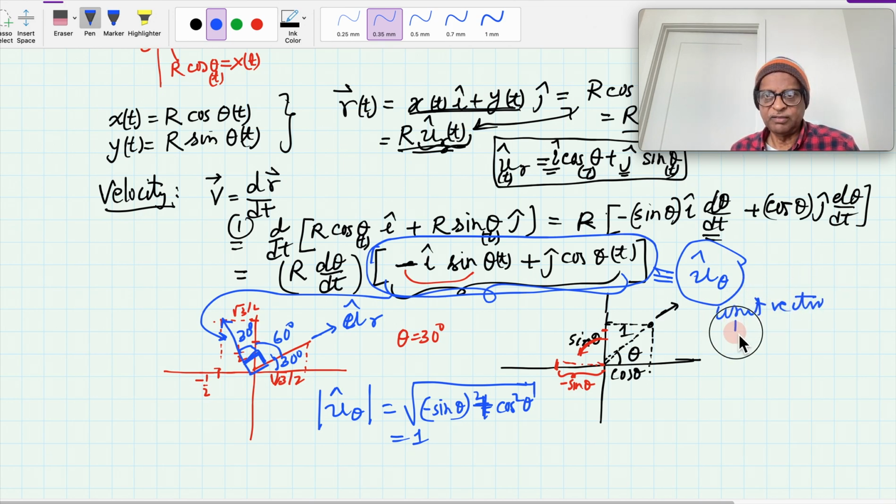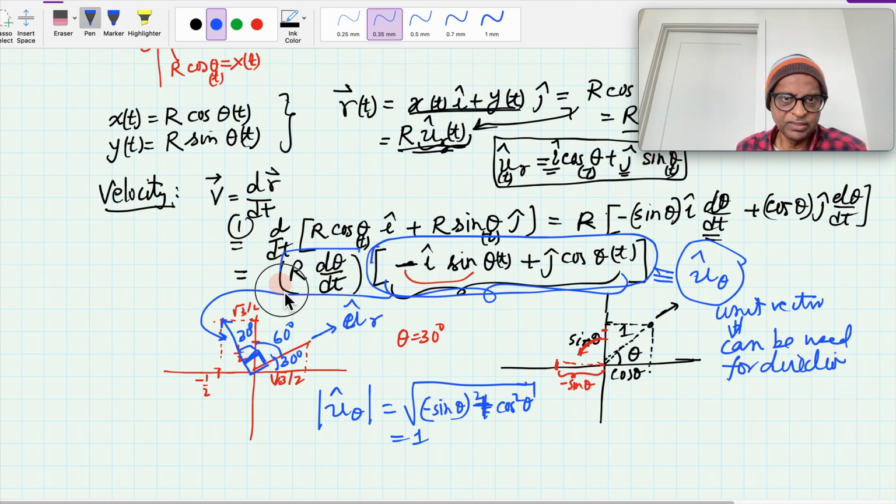and that means it can be used just for direction. I just multiplied by a quantity, so this velocity has this magnitude, and it points in that direction.